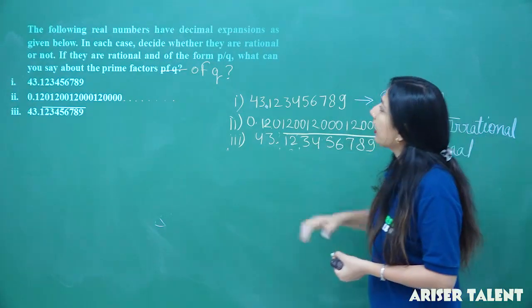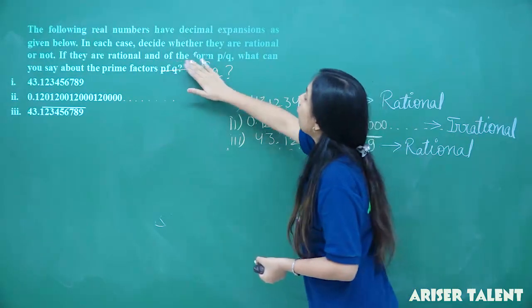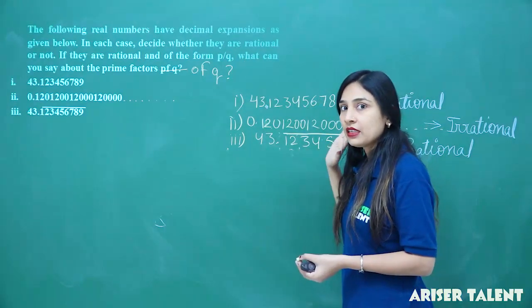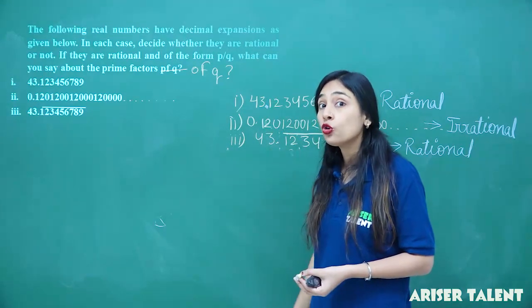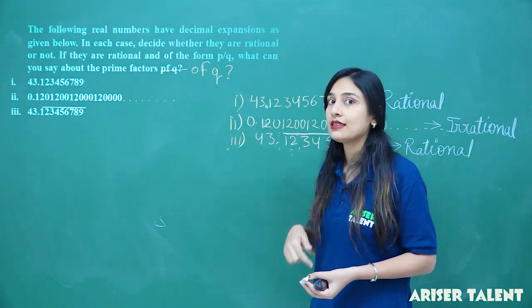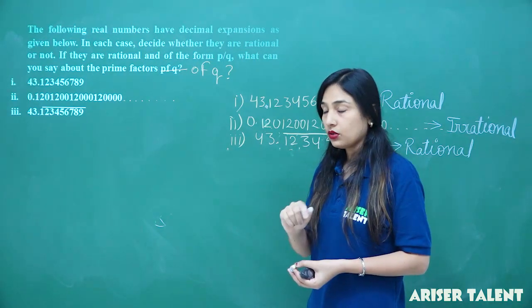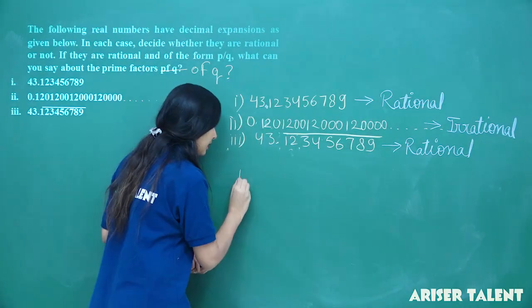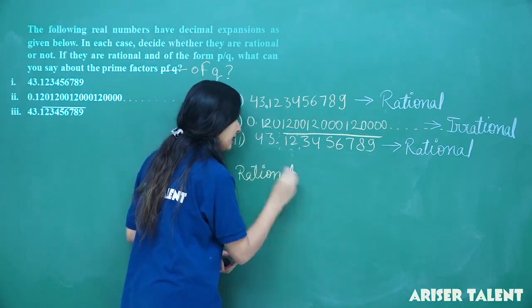Now the first and the third are rational, and can be written in the form of P by Q. So any rational number can be written in the form of P by Q. What can you say about the prime factors of Q? Now remember the theorems we discussed two chapters ago. Okay. So this one is rational and terminating.